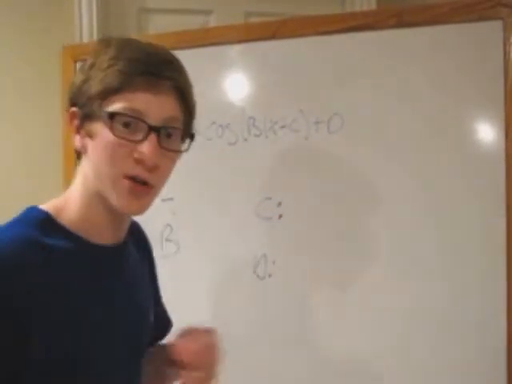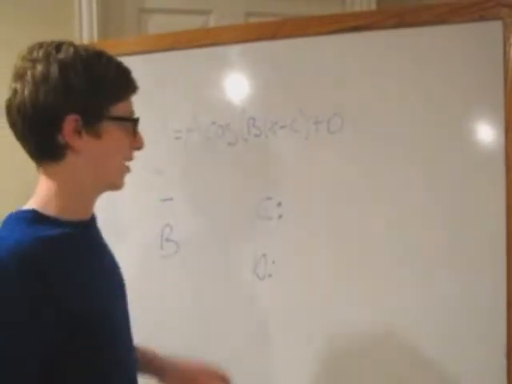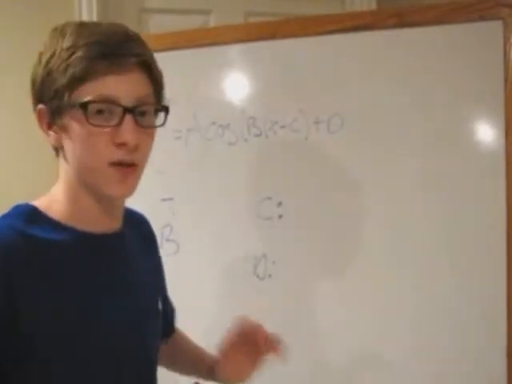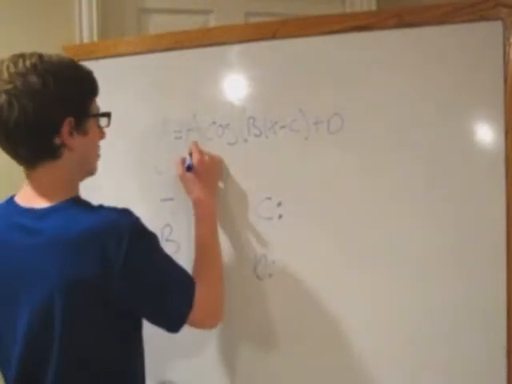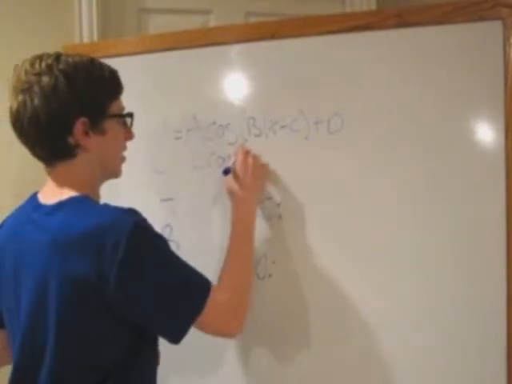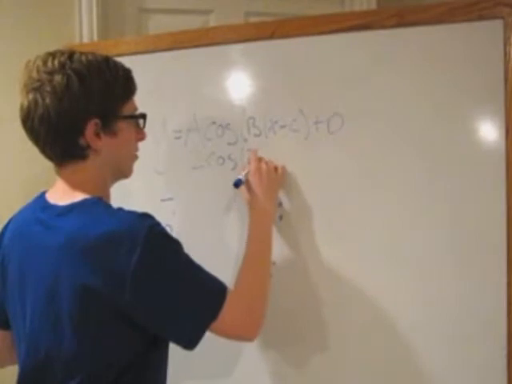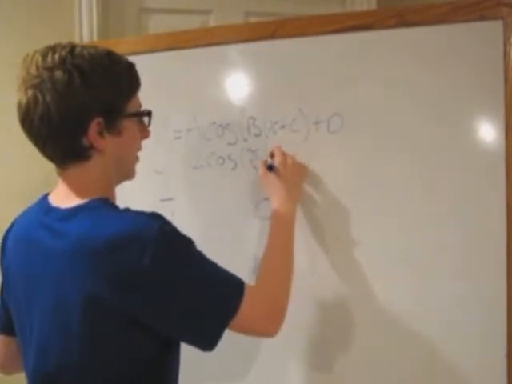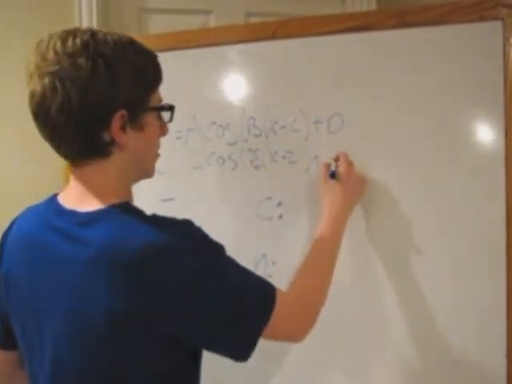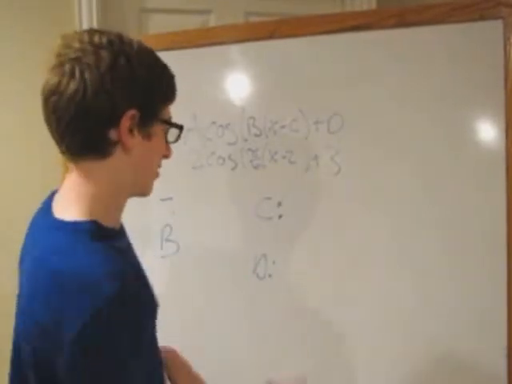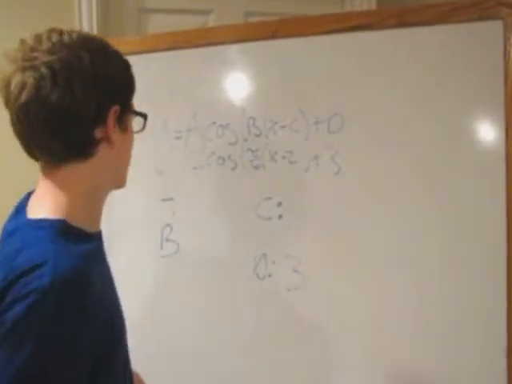That way, when you go to graph it, it's a lot easier and much more organized because you already know what each value is. So let's just say, for example, it was 2 cosine pi over 6 x minus 2 plus 3. You can easily plot your points.